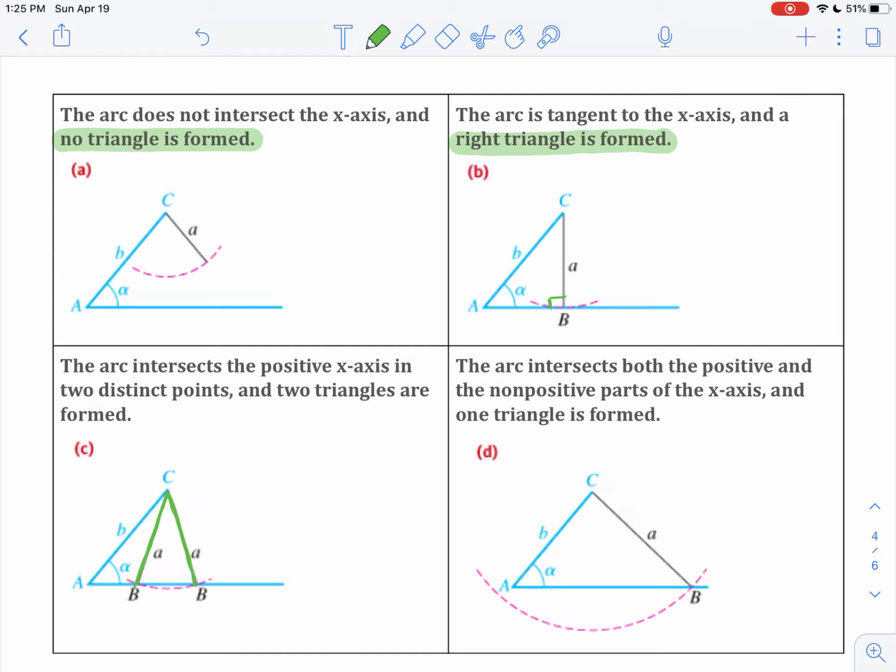So if I were to draw that out, I kind of have like one triangle like this or one triangle like this, okay? So in that case, there's actually two possible triangles that are formed.